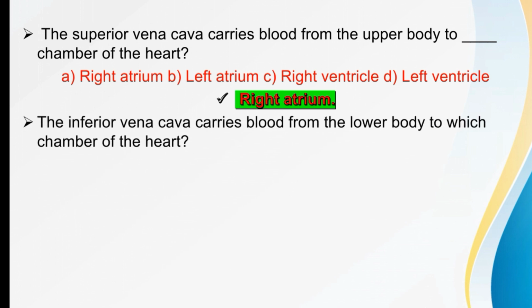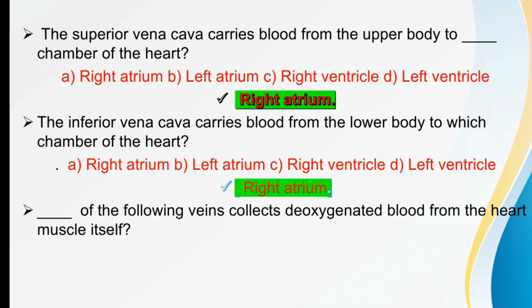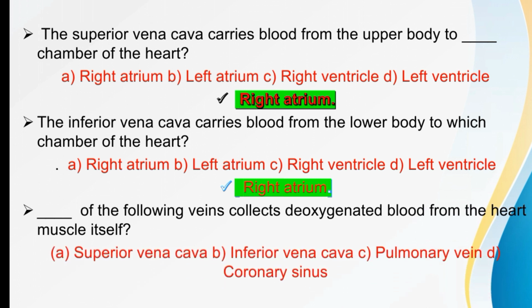The inferior vena cava carries blood from the lower body to which chamber of the heart? Right atrium, right ventricle, or left ventricle. So the right option is right atrium. Which of the following veins collect deoxygenated blood from the heart muscle itself?